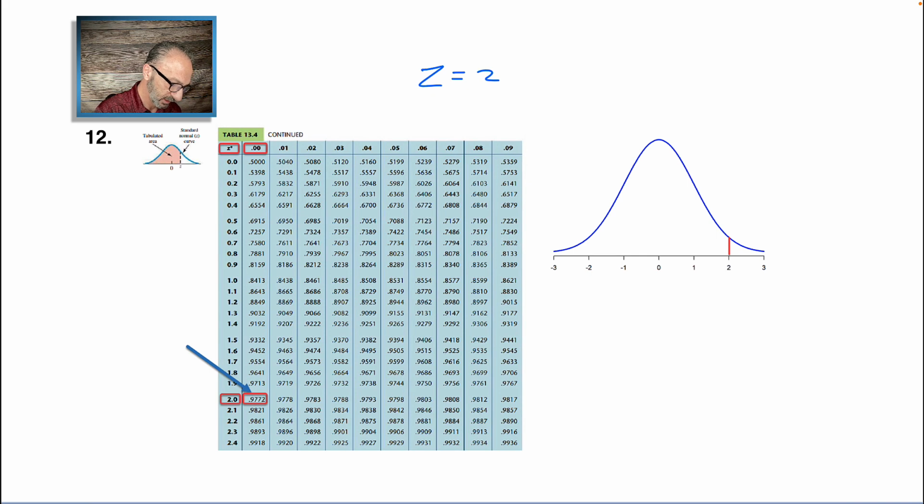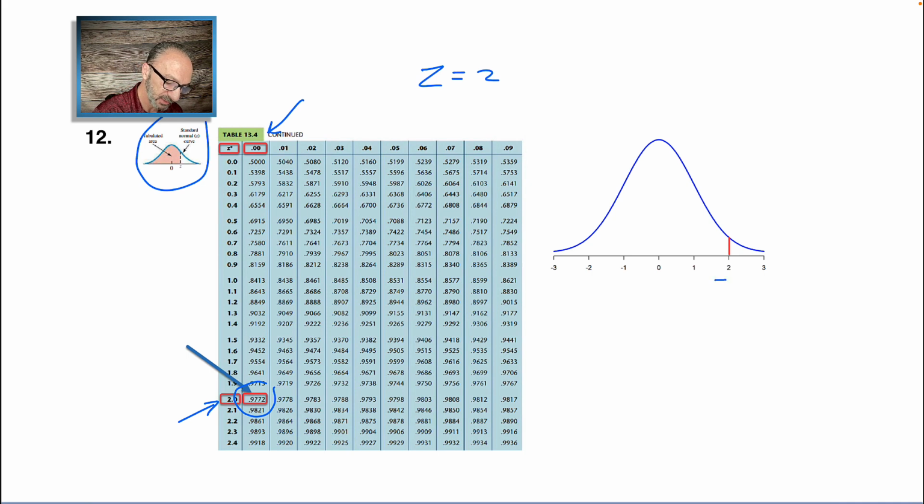Now, to help you with this problem and save you some time, I do have a table for reading z equals 2, and this is how it's represented as a percent. This is 2.0, no fractions, 0.00. So we are reading 0.9772.